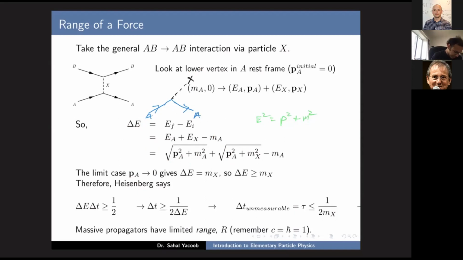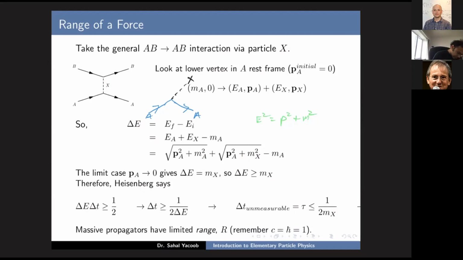If PA is 0, this is MA plus MX minus MA, and we get that our change in energy is always at least the mass of our mediating particle.